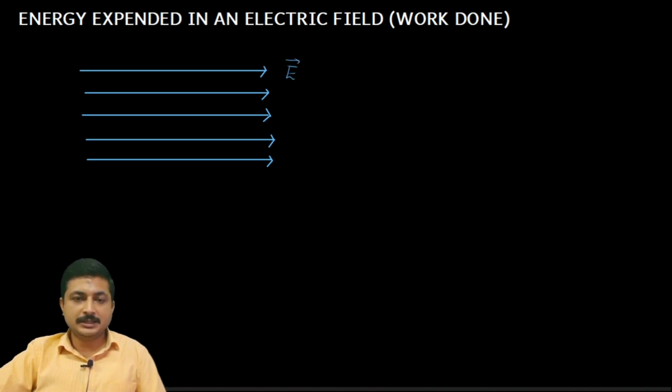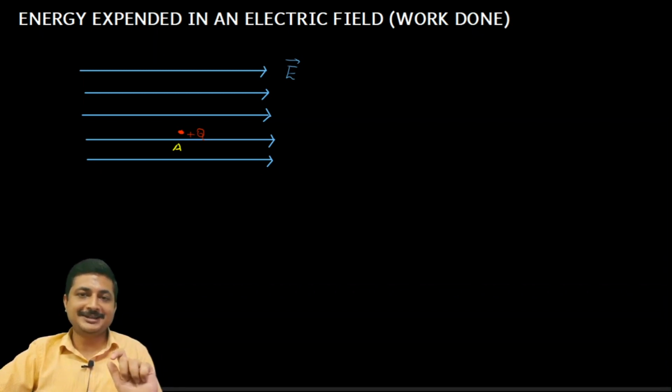Now let me consider a positive charge Q at some point in this electric field. Let me mark that point as A for reference. Now what I am going to do is push this charge, or move this charge, from point A to another point in the electric field.